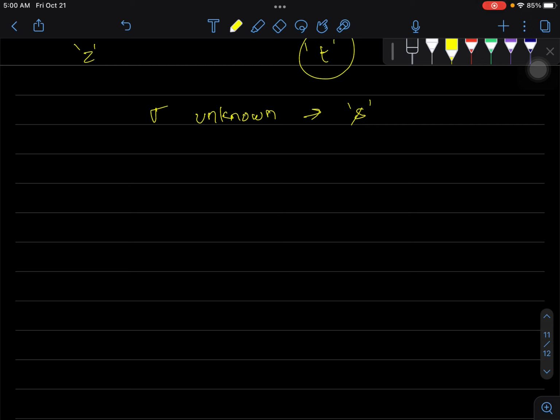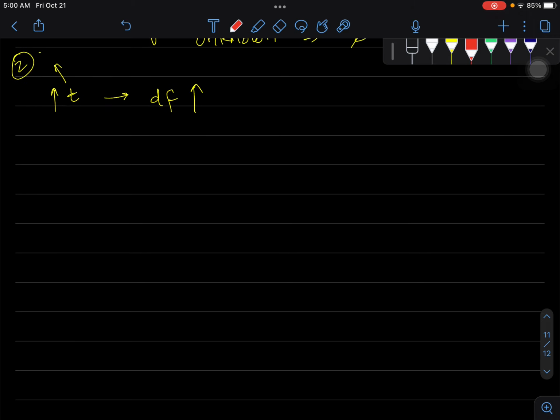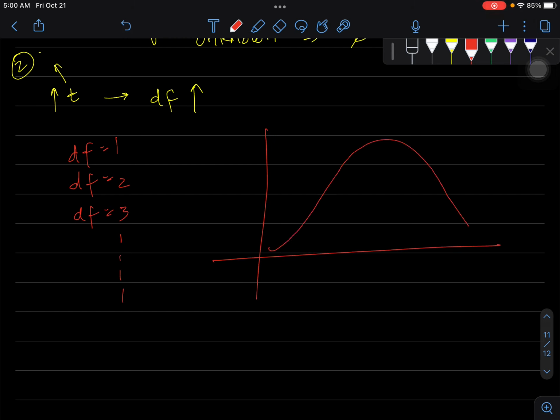The t distribution is based on degrees of freedom, and as degrees of freedom increase, the t distribution starts to resemble a z distribution, which is a standard normal distribution. For every degree of freedom, say 1, 2, 3, and so on, there are different t distributions.